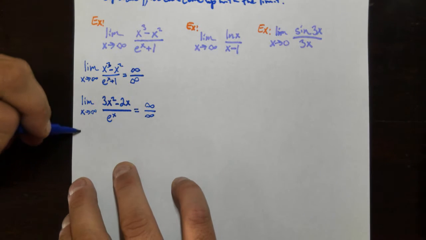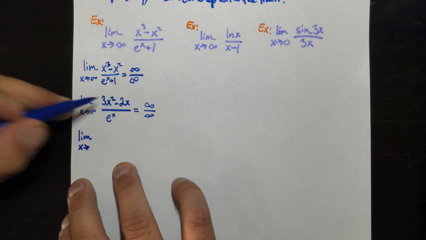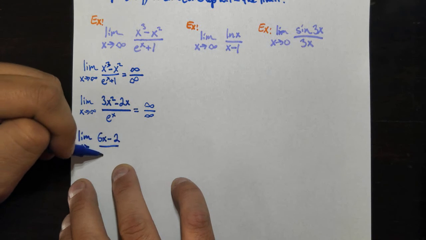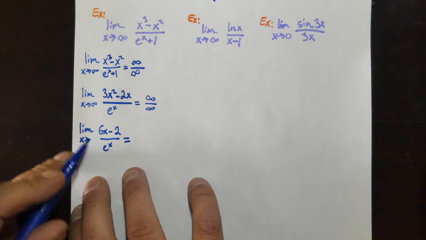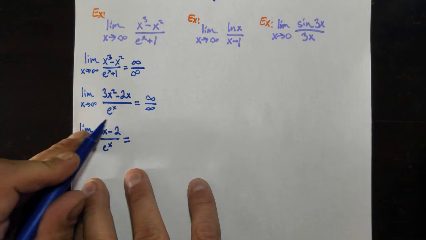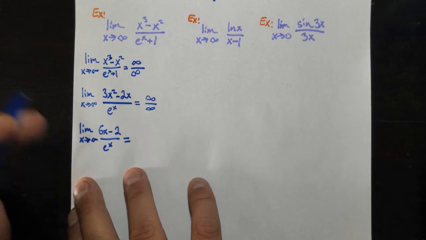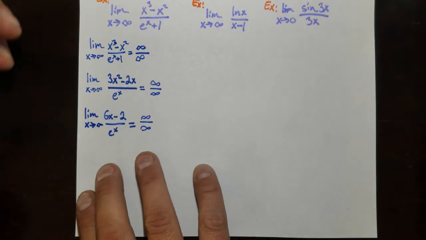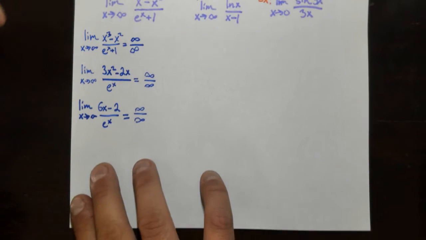The limit as x approaches infinity of 6x minus 2 over e to the x. Again, if we were to evaluate this, we would get infinity over infinity. This is a linear function that, as x approaches infinity, will also approach infinity. Let's try it once more, and maybe you can see where we're going here.